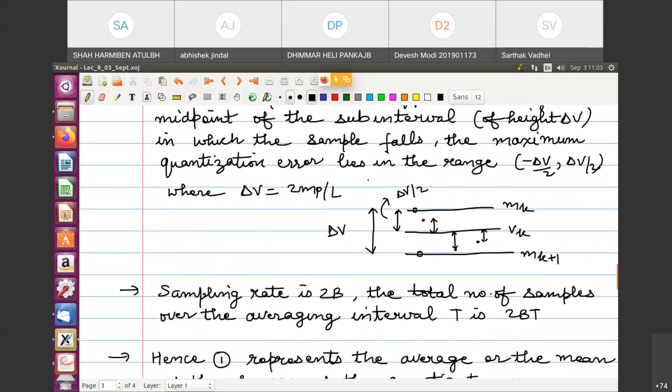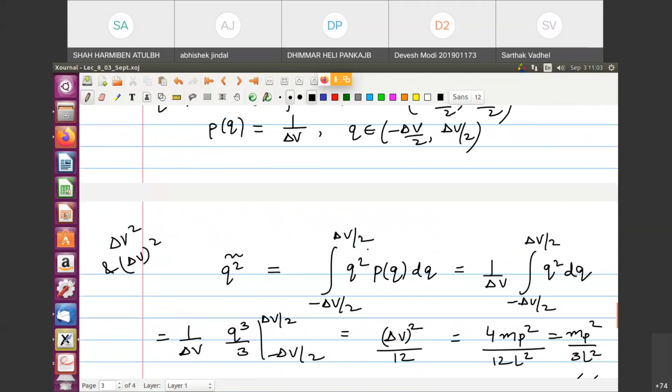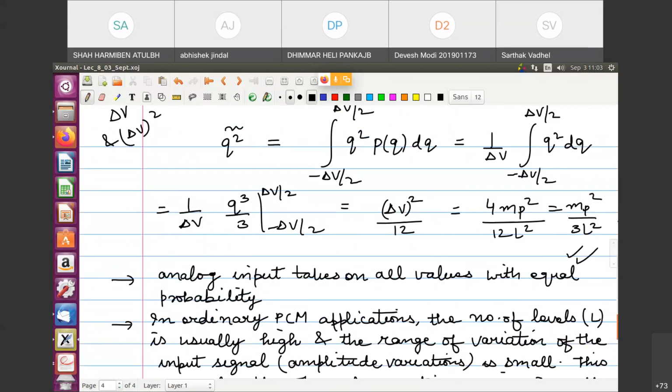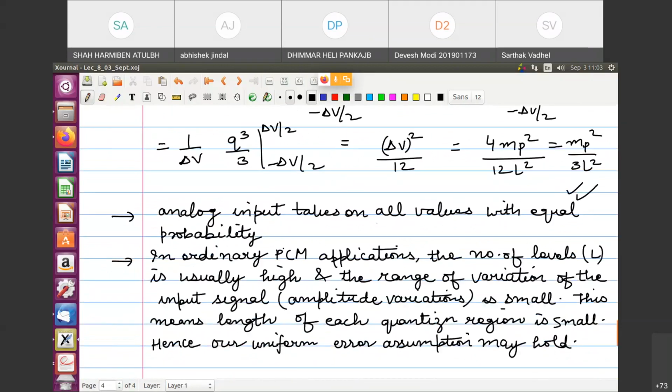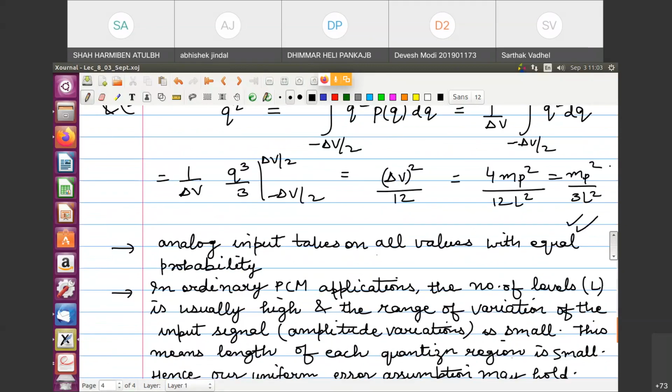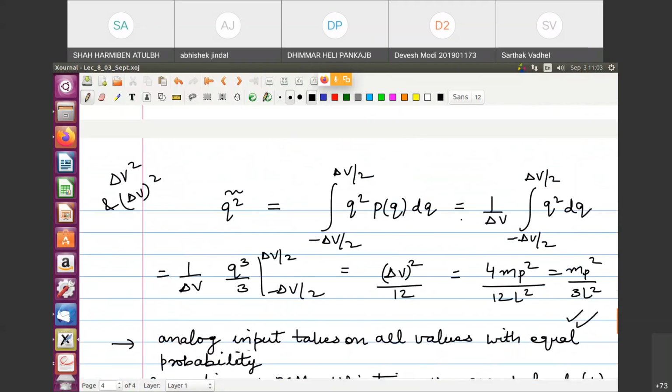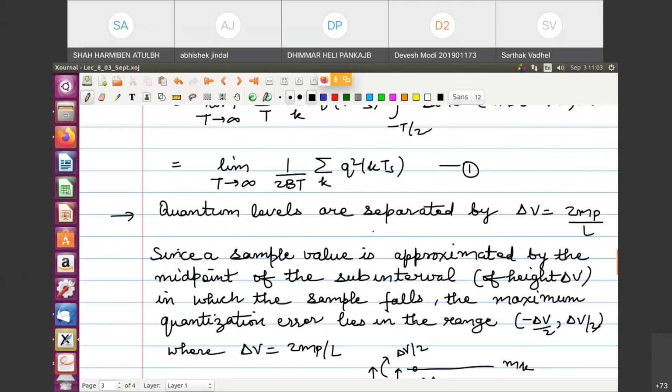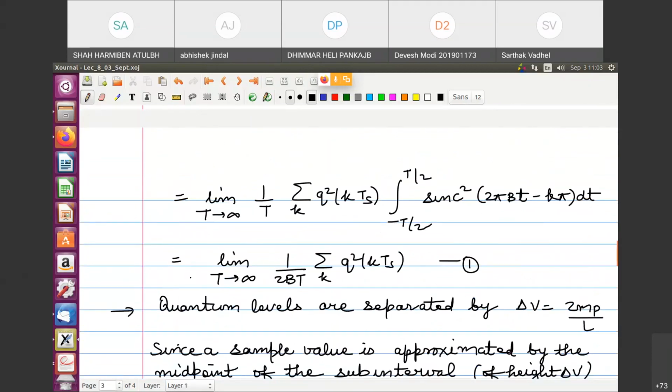So maybe people thought that let us derive it in this manner, and they obtained this expression as the mean square value of the quantization noise. And maybe in a lot of experiments or in ordinary PCM applications, this gave a very good approximation to the quantization noise, which was obtained empirically. It means there too you have the MT, you have the reconstructed signal, you can subtract and find the mean square value over a large time.